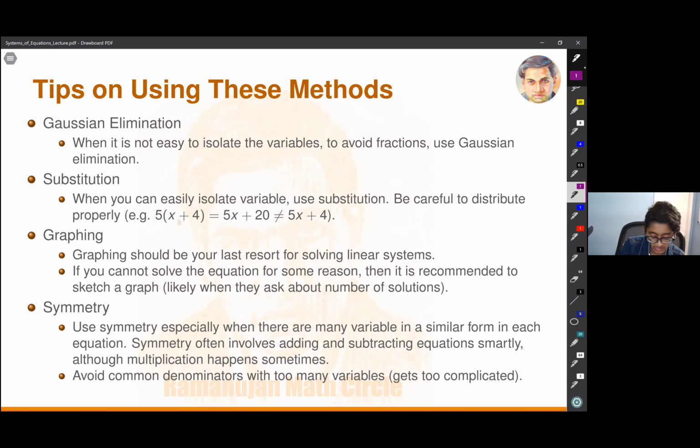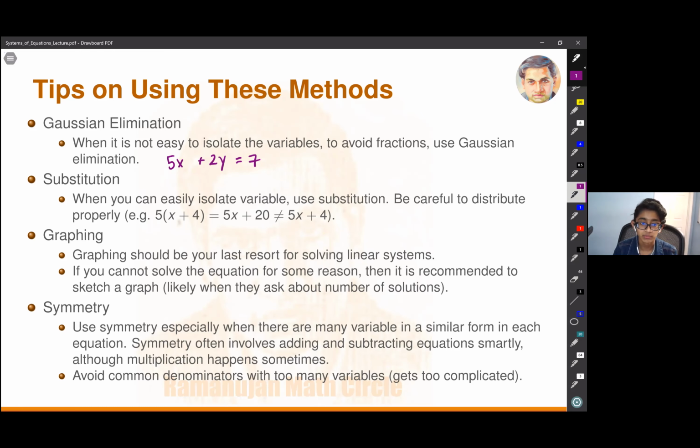For example, when you have an equation like 5x plus 2y is equal to 7, I really don't think it's easy to isolate something without getting fractions. I mean, it's not possible to isolate something without getting fractions. And with fractions it starts to get really confusing. Unless you're really comfortable with fractions, then go ahead and do the next method, which is substitution.